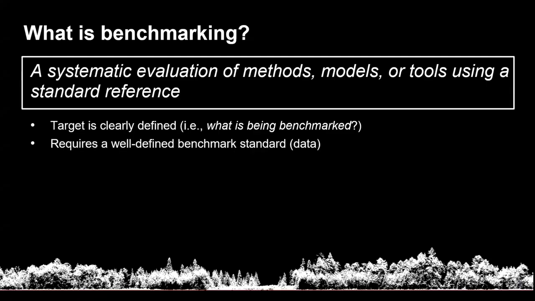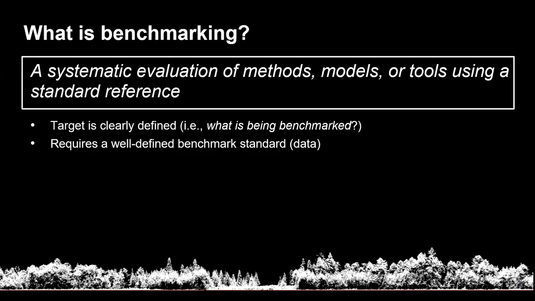Then also, of course, a benchmark requires a standard reference. Often this is the data set. This is the most important part. And a benchmark only works well if what is being compared against is consistent, well documented, and of course, openly accessible.